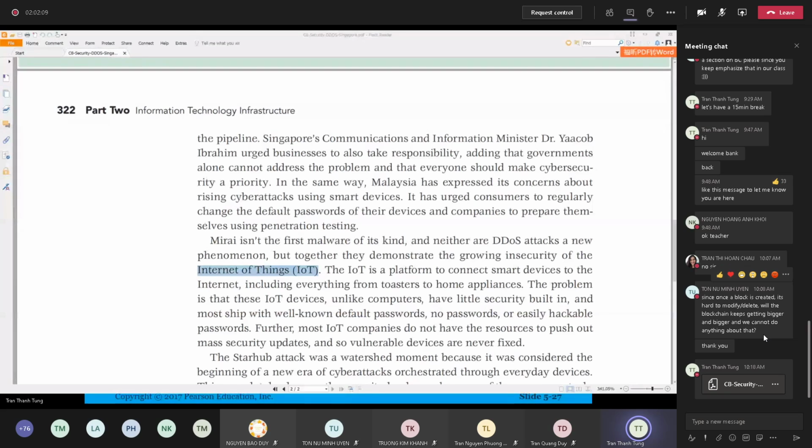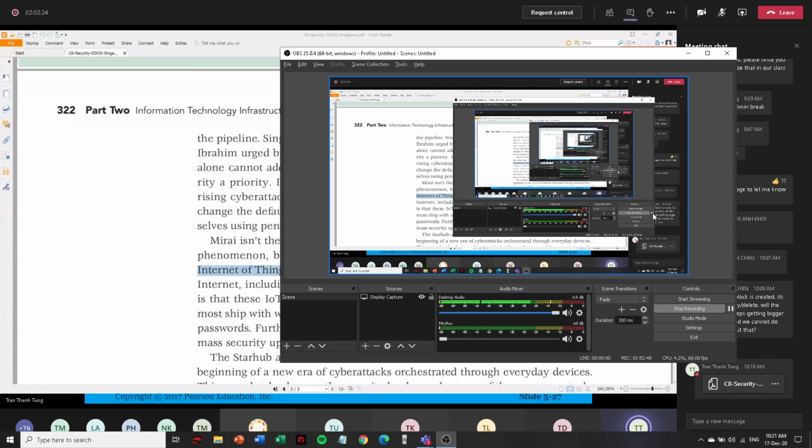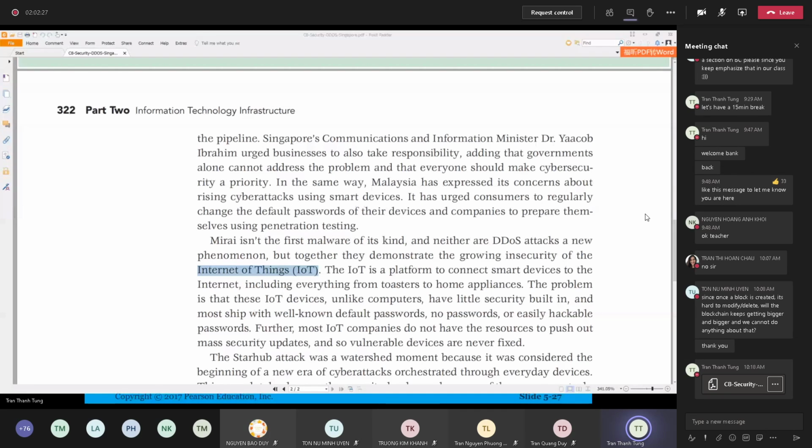We don't know what they will do with the device, and the security level of these devices is not really high, and they can easily be hacked by hackers. Okay, so that's it for the section on securities. Do you have any question on securities or information systems in general?